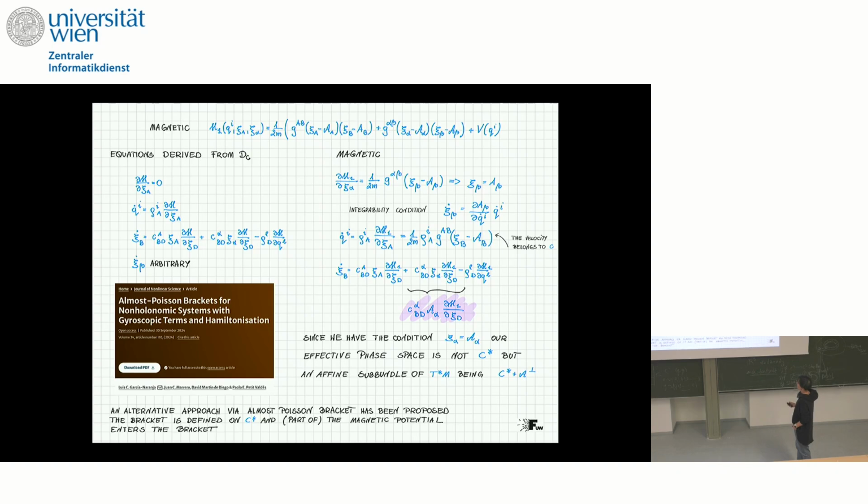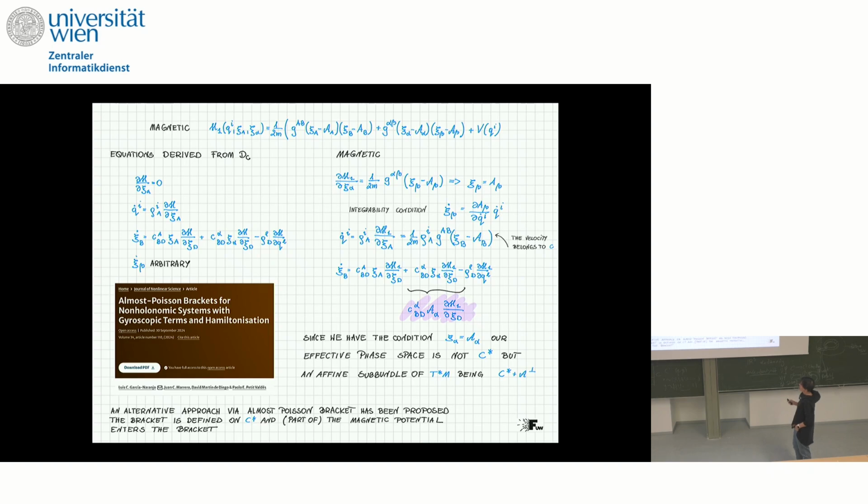And I've seen that they worked hard to produce some almost Poisson bracket that describes their system. Gyroscopic terms and magnetic terms are of the same type from the point of view of geometry. So we may also think on mathematics.